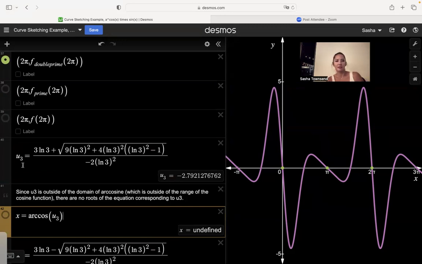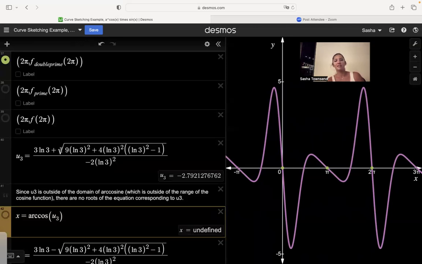Now to find the roots of the quadratic form, I said, let's let u equal cosine of x, and then u is equal to -b plus or minus the square root of b squared minus 4ac, all divided by 2a. A, b, and c are kind of complicated this time, so when I simplify them, we end up with all these logarithms everywhere. Don't worry about that. They're just numbers, right? Desmos has no problem with computing a natural log of 3. So you just type all of that in.